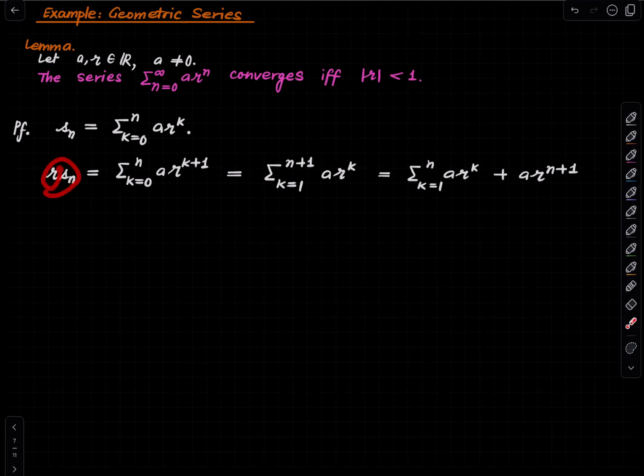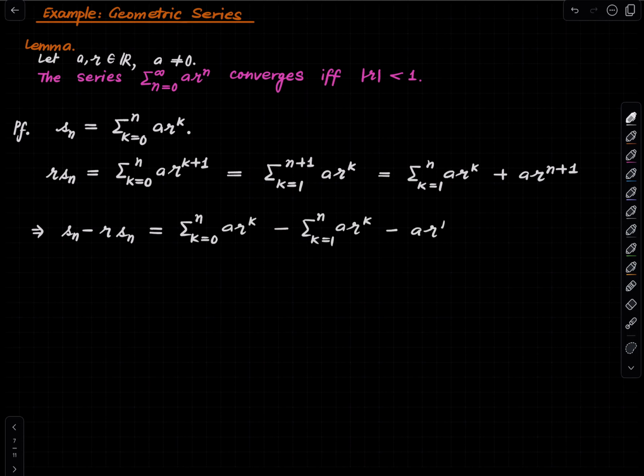We subtract these two things. So we get s_n minus r s_n as this thing. Here a lot of things cancel out, only the 0th term remains. If you look at this difference, for k equals 1 to n, these two terms match, so they annihilate each other.